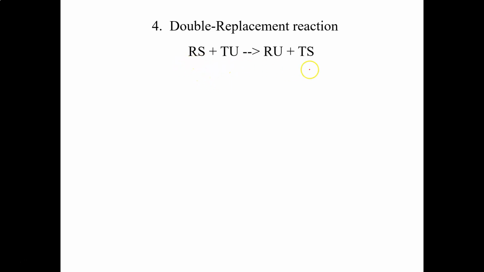This one is probably the easiest out of all of them to figure out how to do because you're just switching their partners. Remember, this is an ionic compound, so this is my positive, this is my negative, this is my positive, this is my negative. So what has to happen when they switch? The positive has to go where the positive was. The negative has to go where the negative was. Okay?